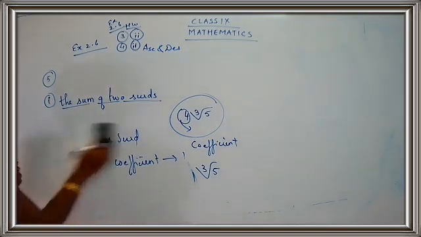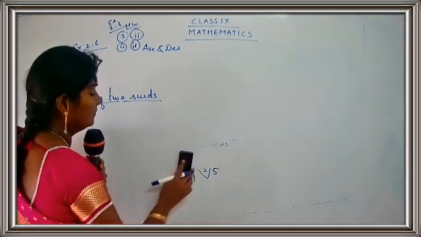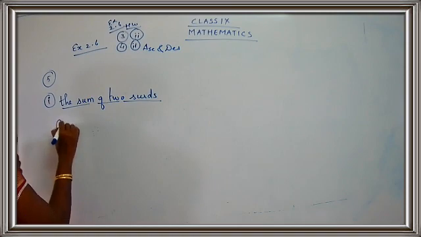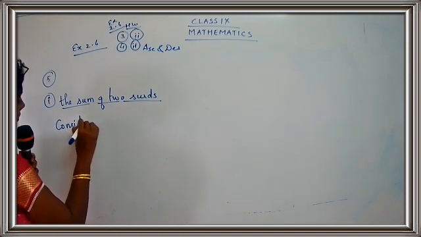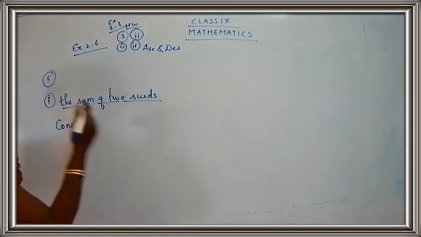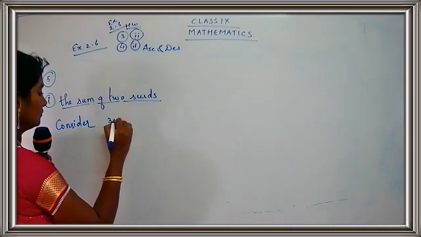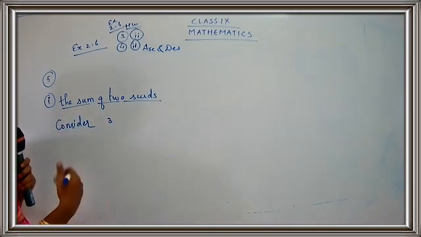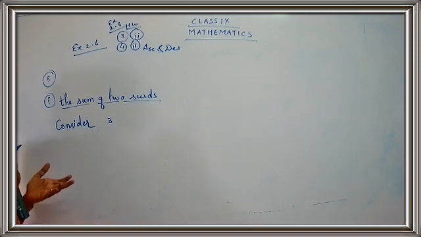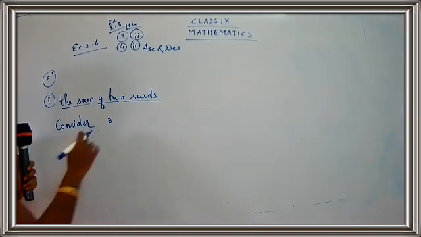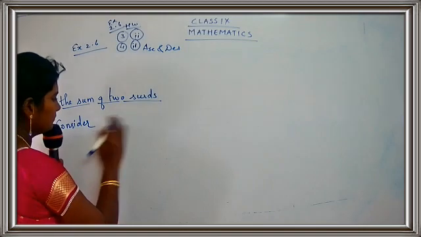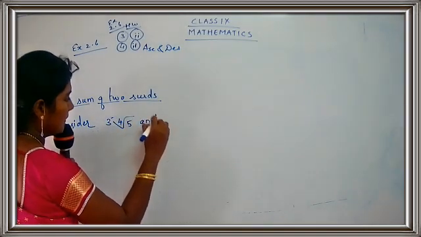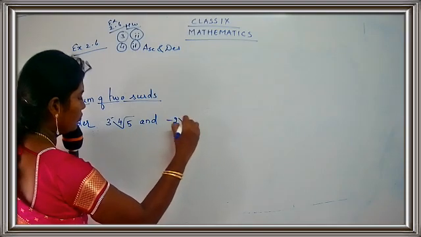So write down here, consider any number. Okay, this is your choice. I'll just give you some examples. When you do the homework part, you can take any other numbers. So consider 3 fourth root of 5 and minus 2 fourth root of 5.